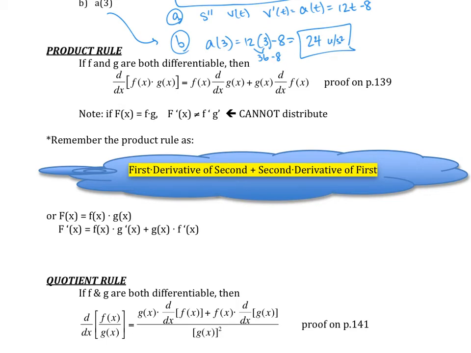Now, the logical question that a lot of students always ask me is, what if you have 3? What if you have f times g times h, and you're going to do the product rule for this? You can have as many as you want. Basically, you're taking the derivative of each one.